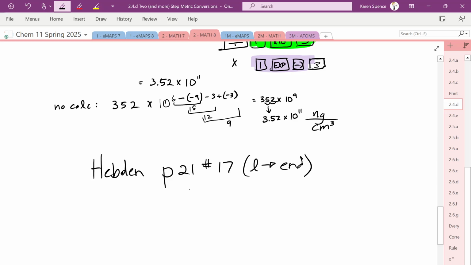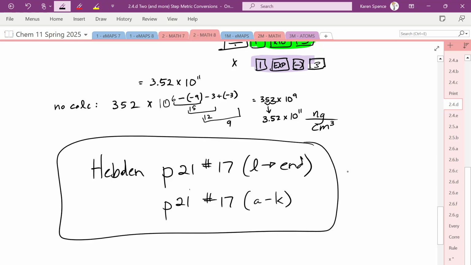That's to prepare you for your quiz on Wednesday. And if you did not previously do page 21, number 17, A through K on the weekend, which was your homework on the weekend, then you need to do those as well to prepare for your quiz Wednesday.